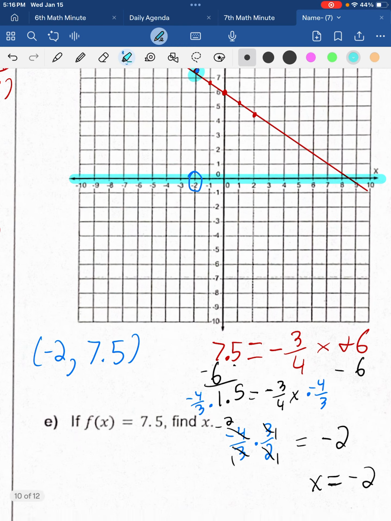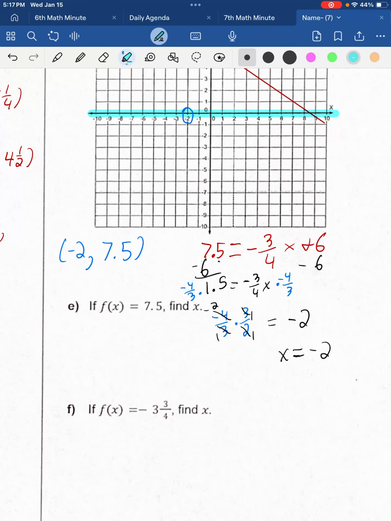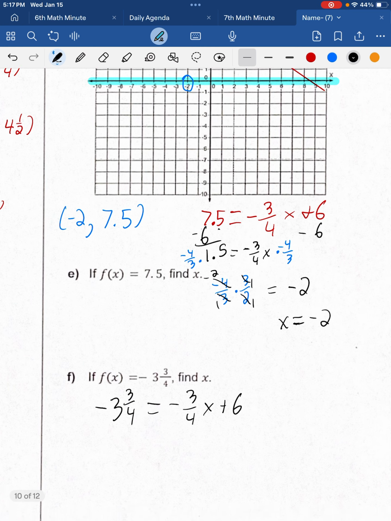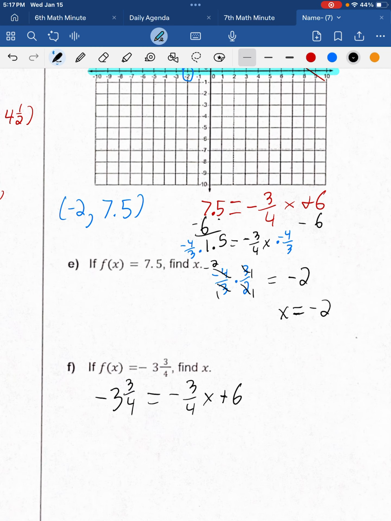All right. Now let's do the same thing with -3 3/4. So when I rewrite this, I have -3 3/4. That's going to equal -3/4 x plus 6. When I solve this, I'm going to subtract 6 from both sides.